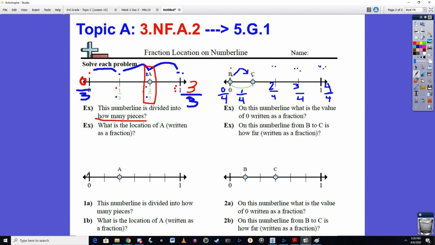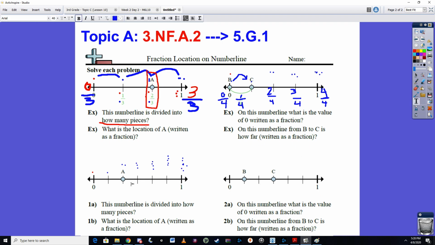Next, okay, let's take a look at this number line. Before we even look at the questions, let's go ahead and label everything. We start from 0 and we go to 1. The first thing we want to do is count the number of hops. 1, 2, 3, 4, 5, 6. Okay, so we know our denominator is going to be 6.